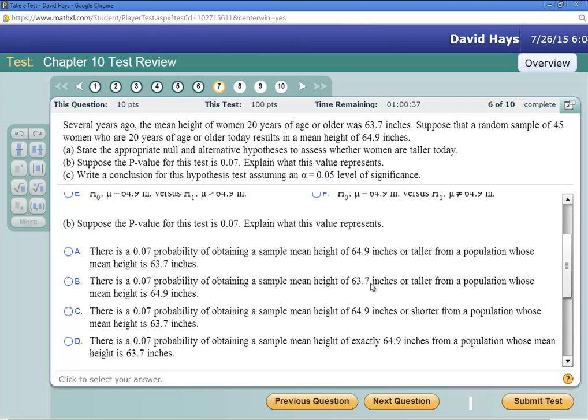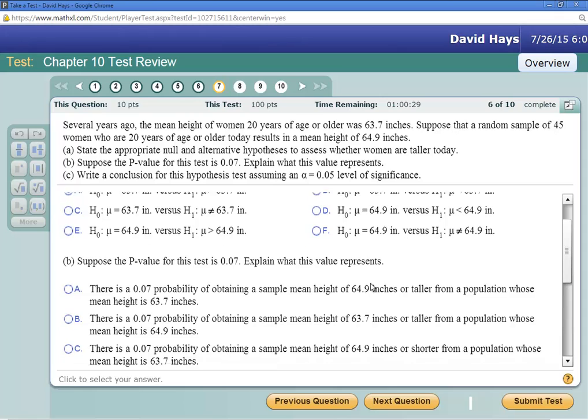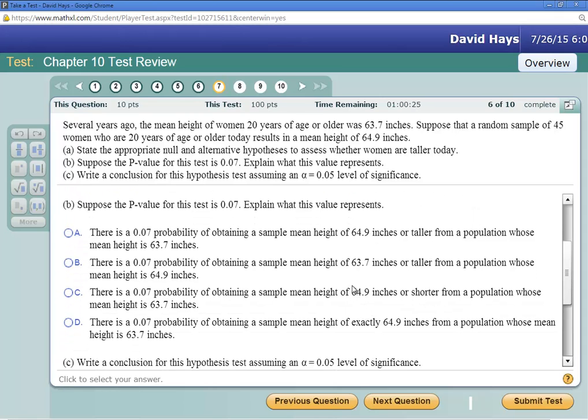Okay, so we're dealing with 63.7. Whose mean height is 60. Taller or shorter.